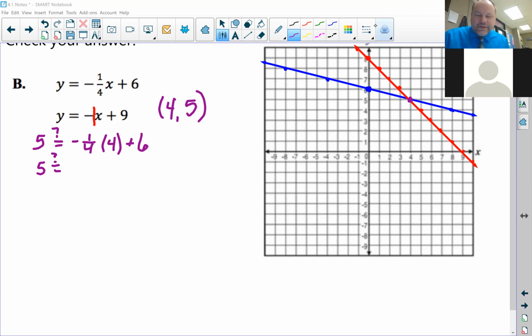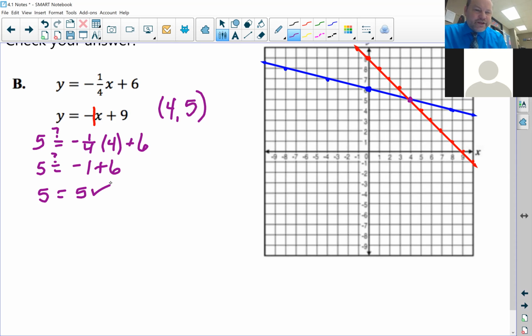Excellent. And then if I divide -4 by 4, what do I get? Excellent, -1. And -1 plus 6 is 5, so that checks.